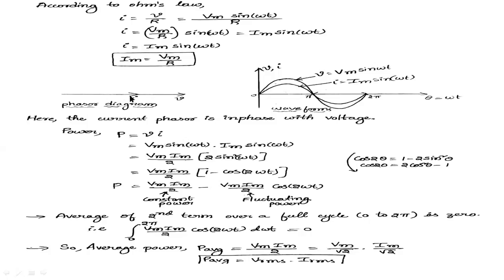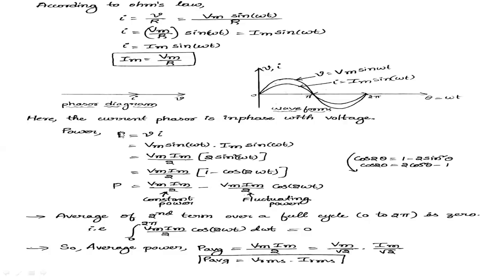There is no phase difference; the phase difference is 0. Here the current phasor is in phase with the voltage phasor.